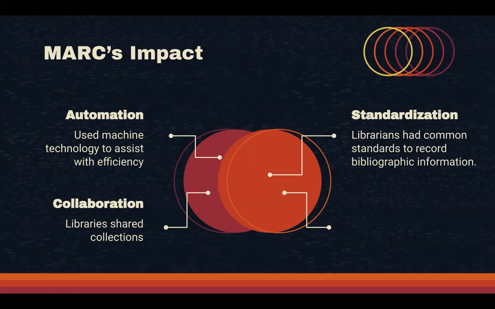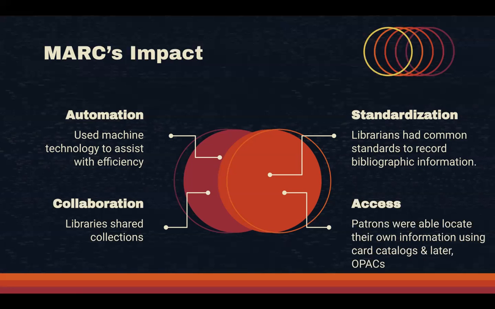This consistency then led to more collaboration between libraries, and inter-library loans were possible, with the libraries being able to share records with one another to track borrowed materials. This in turn provided patrons with better access to materials. Patrons were also able to locate their own information using standardized card catalogs and later OPACs from various libraries.